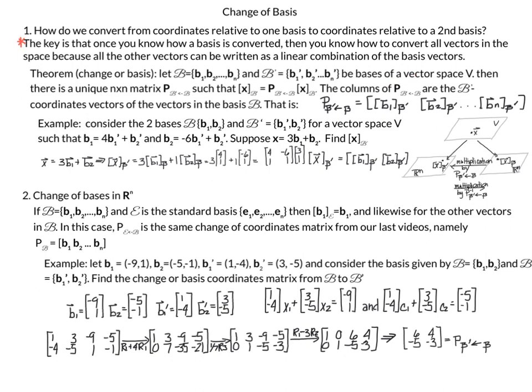And the columns of this matrix are the B prime coordinate vectors of the vectors in the basis B. That is, this matrix P from B to B prime is equal to b1 rewritten as coordinates of our B prime basis, our next basis vector rewritten as coordinates in the B prime basis, all the way up to the nth vector rewritten in coordinates of the B prime basis.